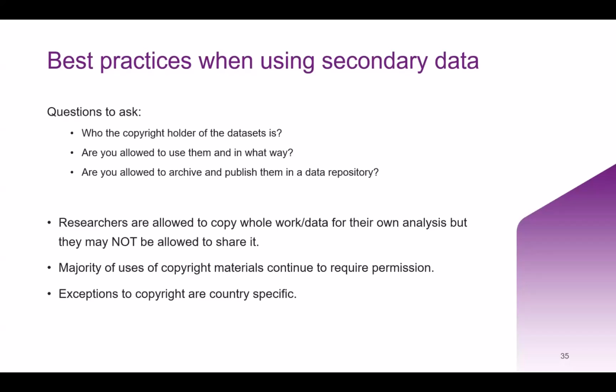Are you allowed to archive and publish them in a data repository? This is very important, because if not, you may need to seek further permission to distribute material you do not own, and if permission is not granted, you may need to remove copyrighted variables or material before publishing or sharing.